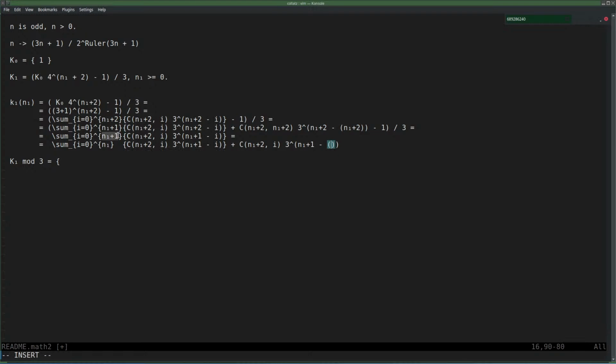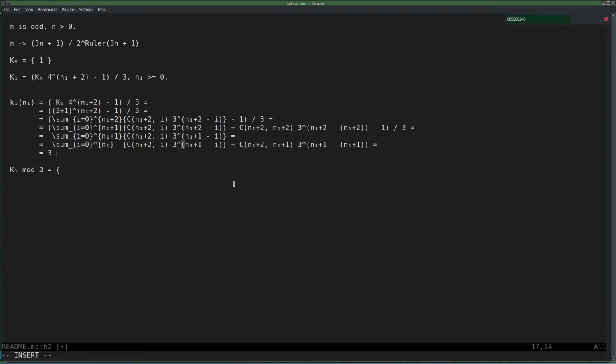So the last term here. Now I can take out 3 again, because this one only runs until n1. So this is always positive. This is now n1 plus I minus at most n1. So the lowest value is 1, so we can take out another 3.